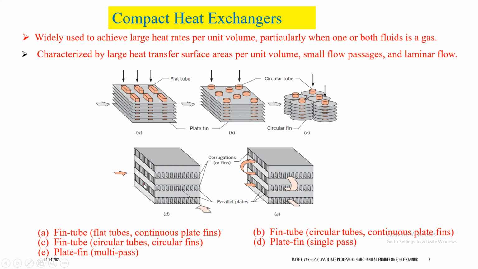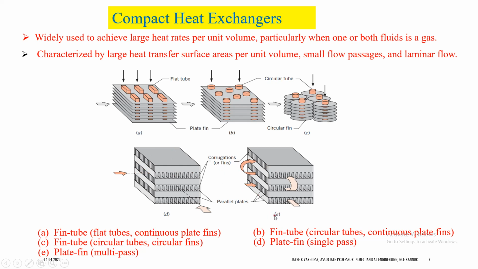One fluid will be flowing in this direction, whereas the other fluid will be flowing in this direction. So they are cross flow heat exchangers only, but we can see that there is only one pass for each fluid, from left to right, it exits at this end.